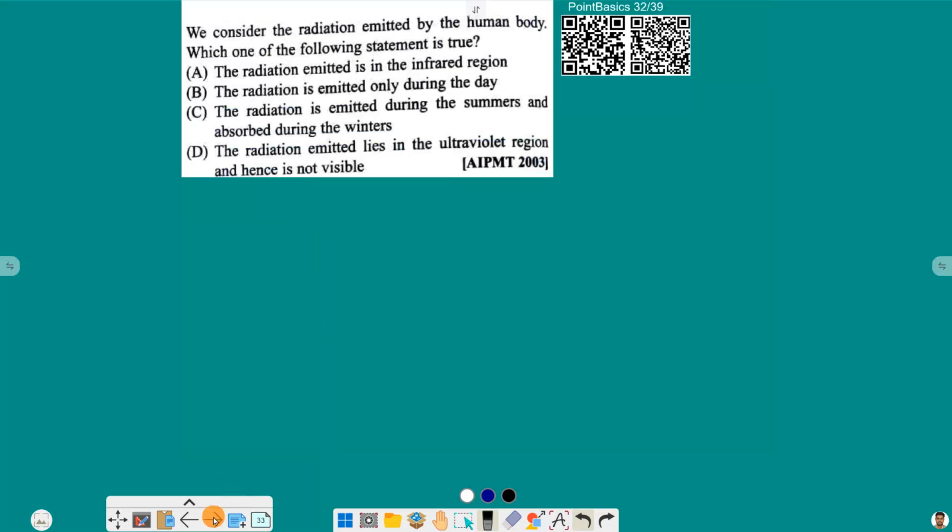Now moving ahead, we consider the radiation emitted by the human body. Which of the following statements is true? The radiation emitted is in the infrared region. The radiation emitted only during the day is wrong here, as the body emits radiation in both day and night. Radiation is emitted during the summers and absorbed during the winters, that is also wrong. And radiation emitted lies in the UV region is also wrong.